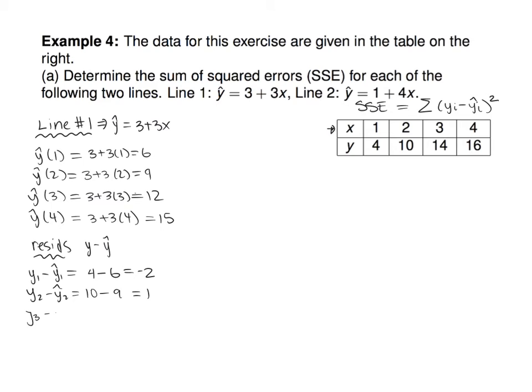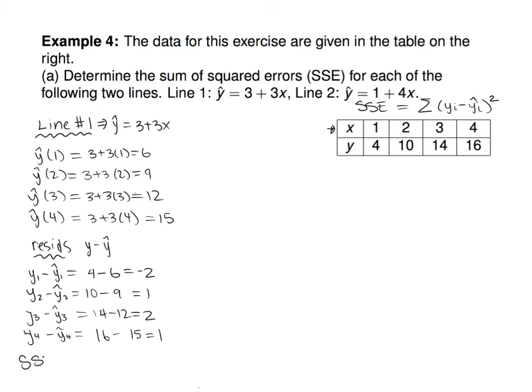Third y minus third predicted y is 14 minus 12, which is 2. And then fourth y minus fourth predicted y is 16 minus 15, which is 1.